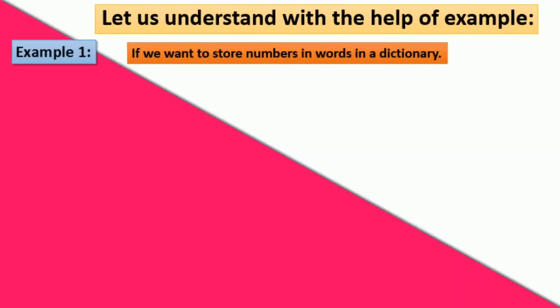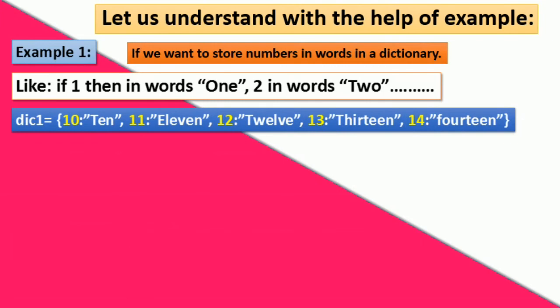For example, if you want to store numbers in words in a dictionary, like 1, the word is 1, 2 in words 2. So what I have done, in yellow color if you go through, these are the keys: 10, 11, 12, 13, 14, and I put them in double quotes, these are the values.